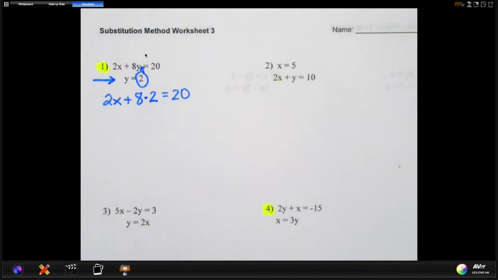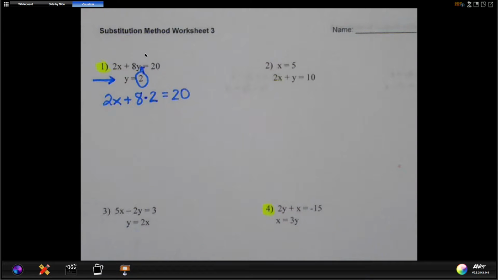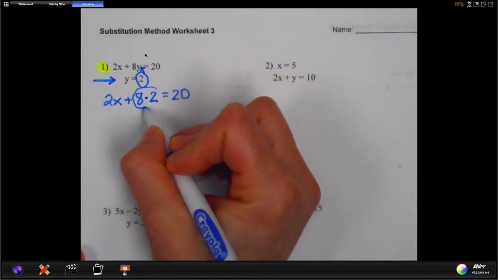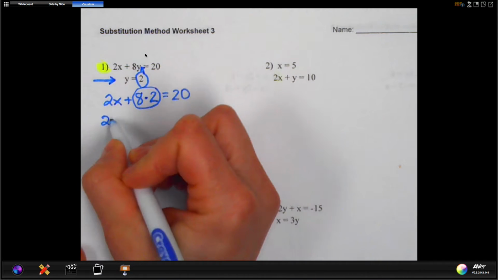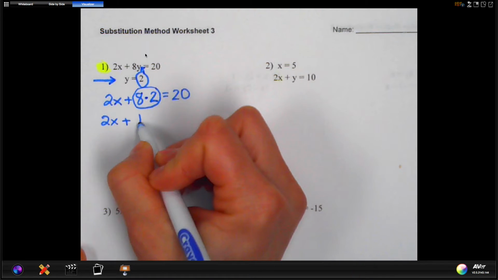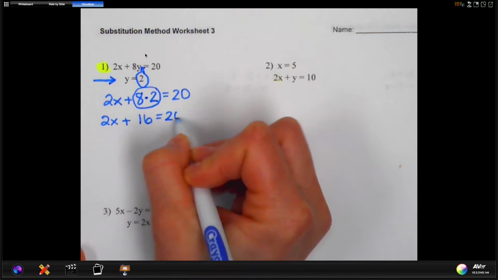Your next step is to take a look at that and see if there's anything to multiply or if you can add like terms. In this case, we are going to multiply 8 and 2. So we have 2x plus 8 times 2 is 16 equal 20.